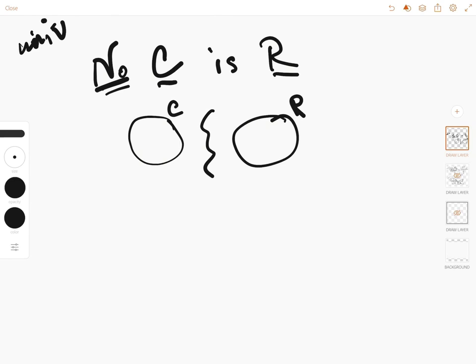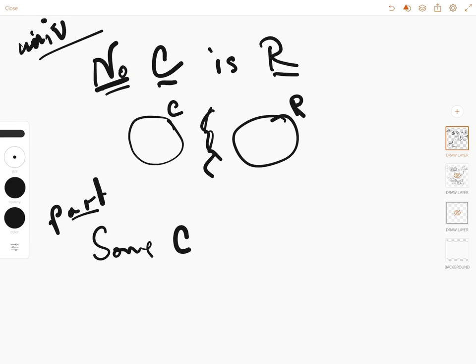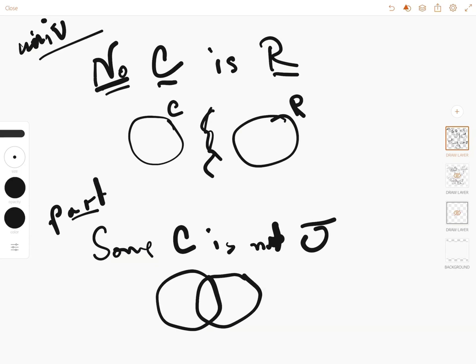So what does it look like when we're doing some excluding like this, but we're only talking about some members? In other words, a particular. It looks like this. Some cow is not in the category Jersey. Right? So we could represent this as overlapping circles.